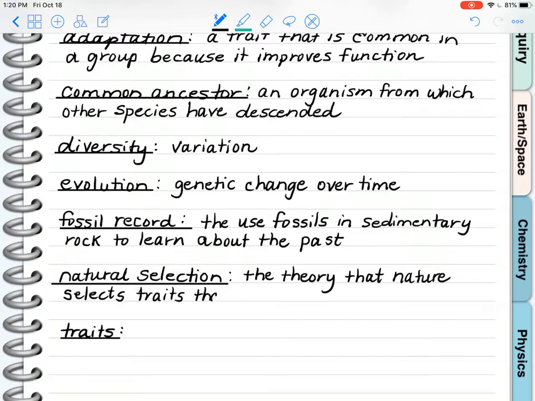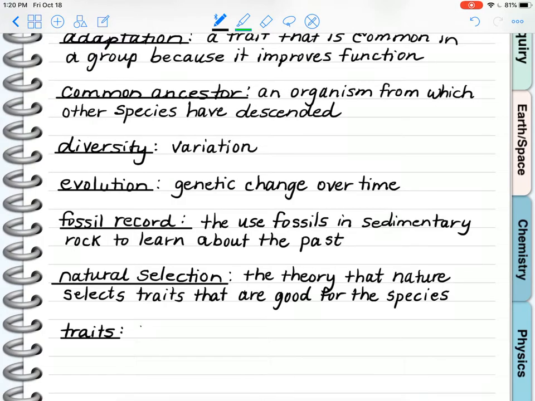Nature knew that in an area where there are black trees, white moths were not good for the species. So nature selects those traits that are best for the species that would help that species survive. It's called survival of the fittest.